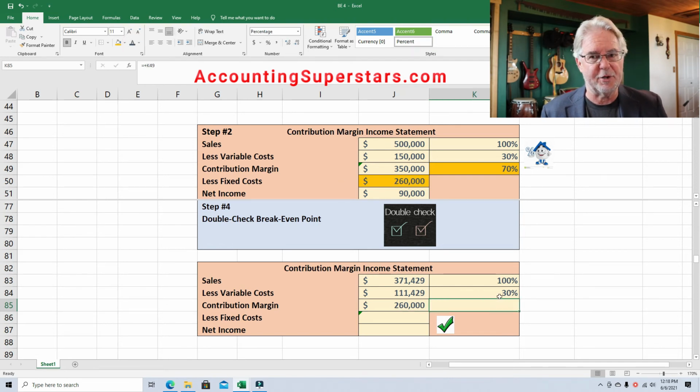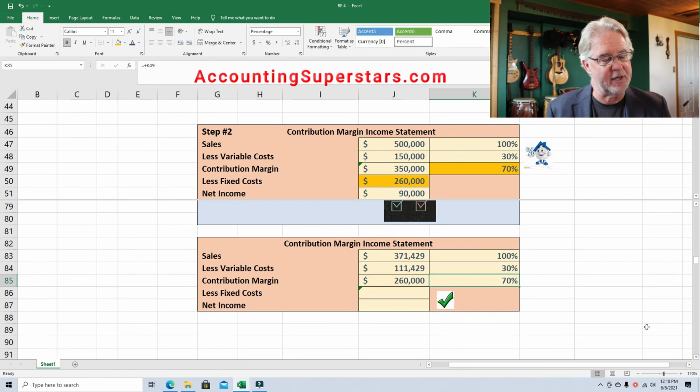And to figure out our contribution margin percentage, all we have to do is subtract there also. 100% minus 30% is 70%. Now our fixed costs aren't changing at all. They're fixed. That's what they are. And our fixed costs, right from up here, I've got it highlighted in this bright golden yellow mustardy color, $260,000 right there.